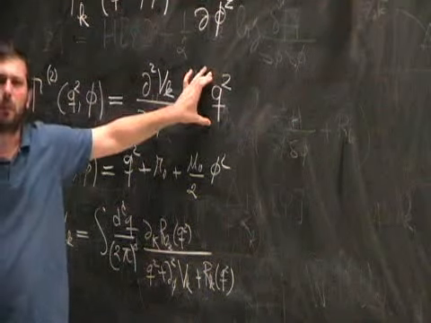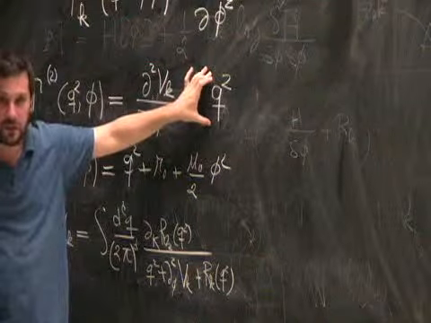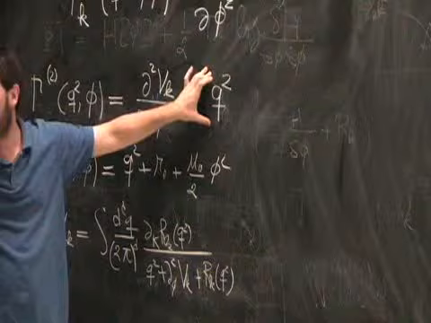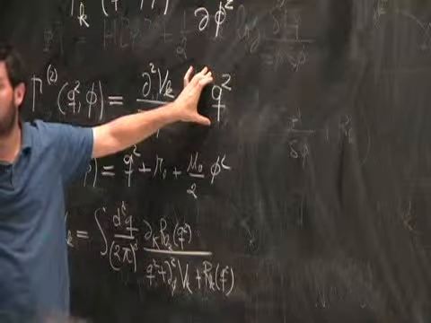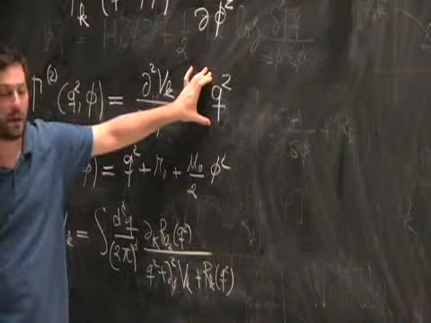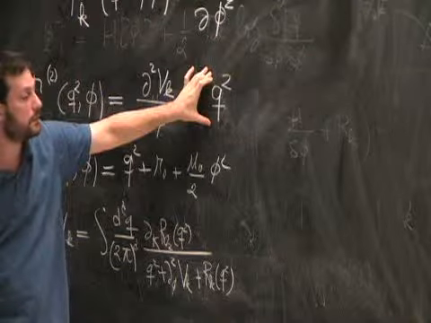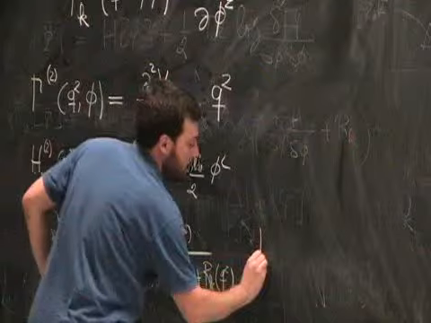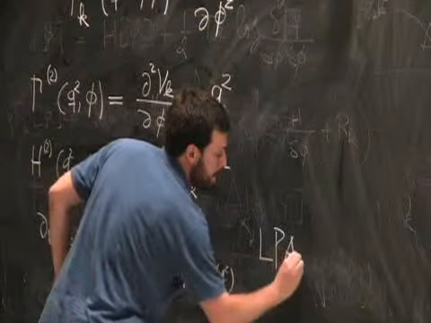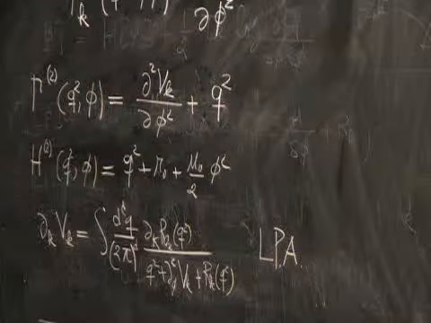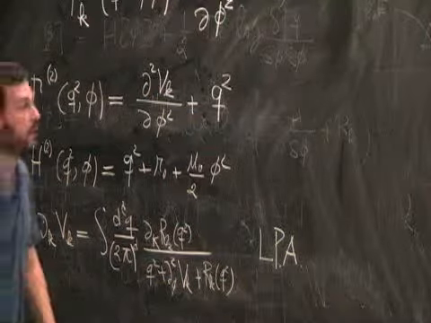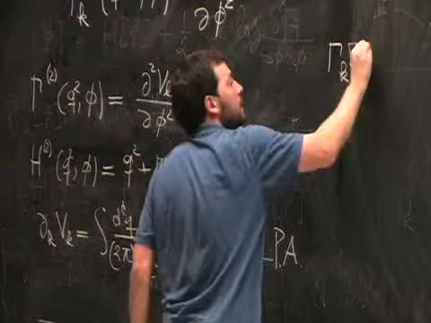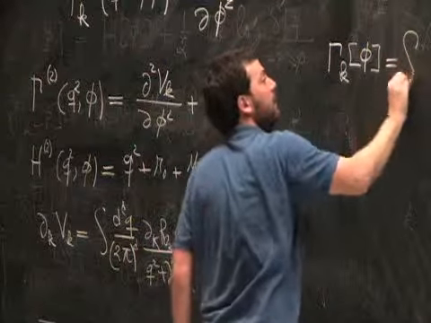You see, momentum corresponds to the derivative in the direct space. If you are in the Fourier space, you have momenta. If you are in the direct space, there are derivatives with respect to the space, the position. So you can say this approximation, which is called LPA, local potential approximation, is the zero order of an approximation scheme. That corresponds to taking an ansatz for gamma k that takes this form.